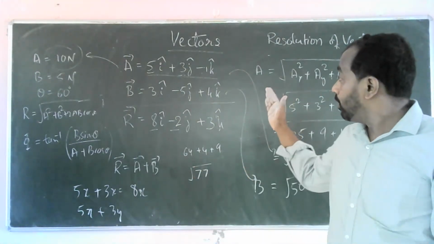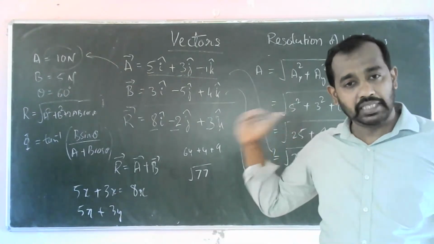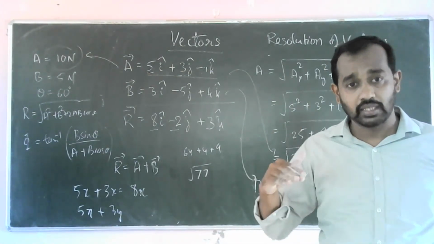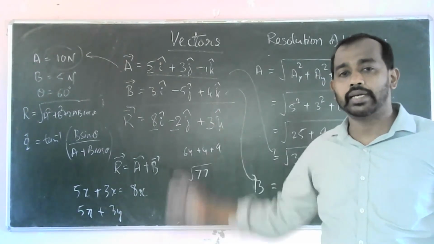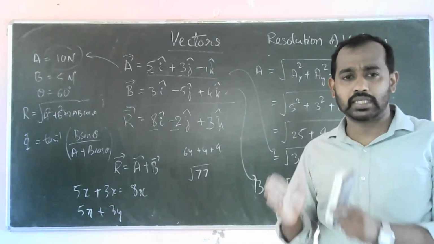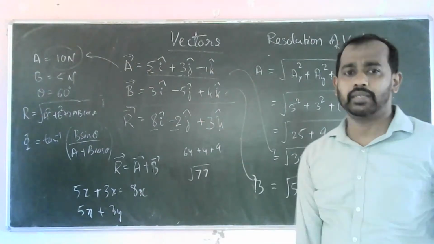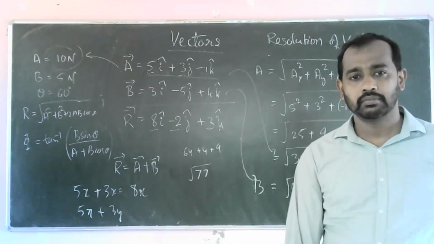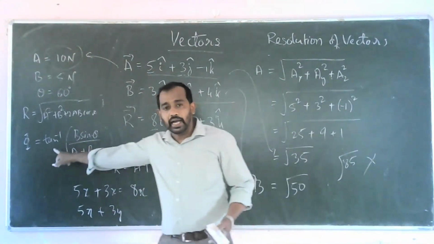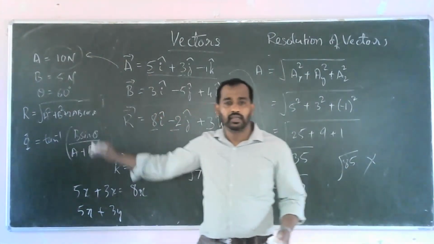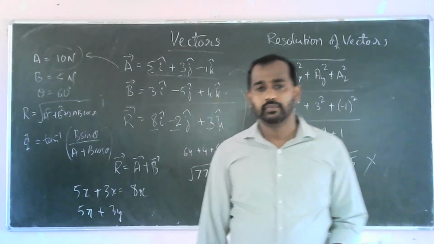And these vectors which we are discussing in the first year are also helpful for you in the second year. Whenever vectors are involved, we have to use vector algebra. And one more thing, I have not mentioned the value of tan inverse.